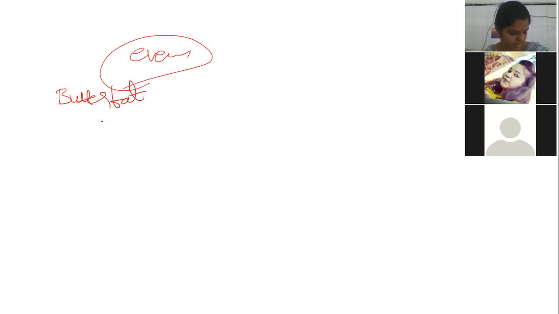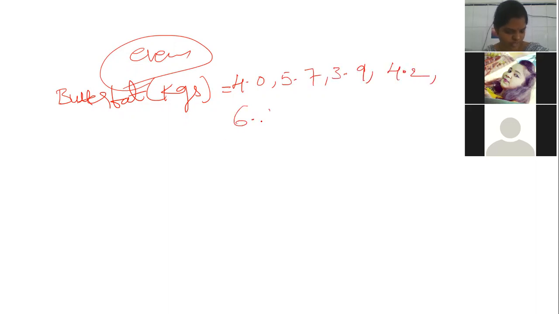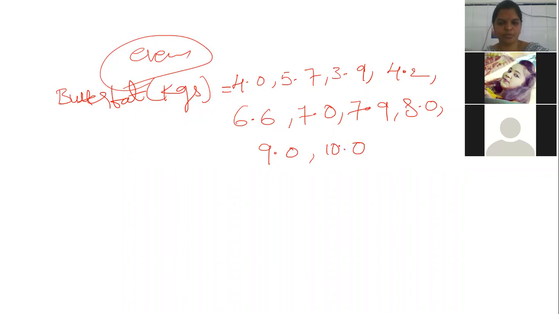Calculate the median. Just write down butter fat in kgs: 4.0, 5.7, 3.9, 4.2, 6.6, 7.0, 7.9, 8.0, 9.0, 10.0.